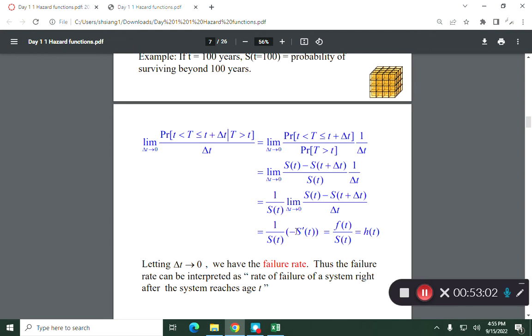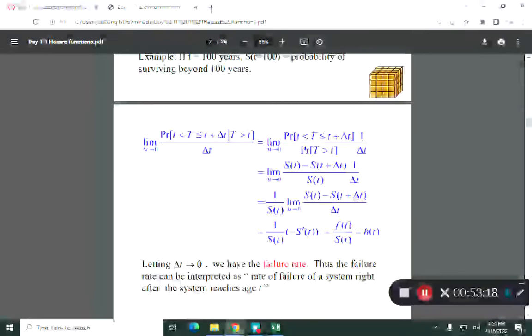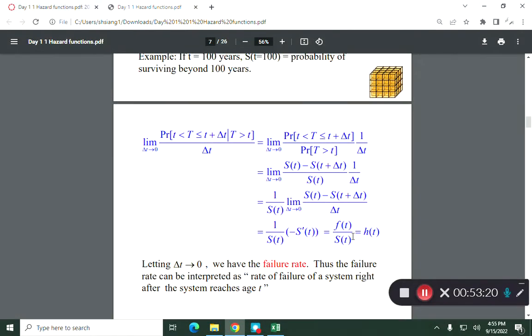So if CDF is the function I'm evaluating, the derivative is F prime, the capital F prime. And what's capital F prime? It's your PDF. So PDF over the 1 minus CDF.